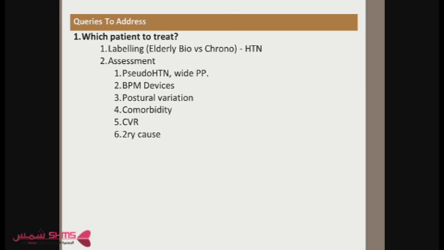Let's try. We still have many more queries about high blood pressure treatment in the elderly. It's not only the high BP, but is it really hypertension? So what is the definition of hypertension in this age group? More or less, who is elderly? Is it 65, or is it 75 plus, or is it 80 plus?